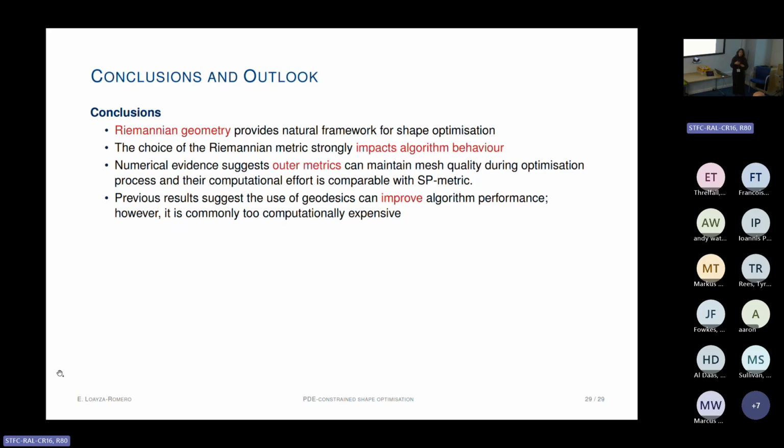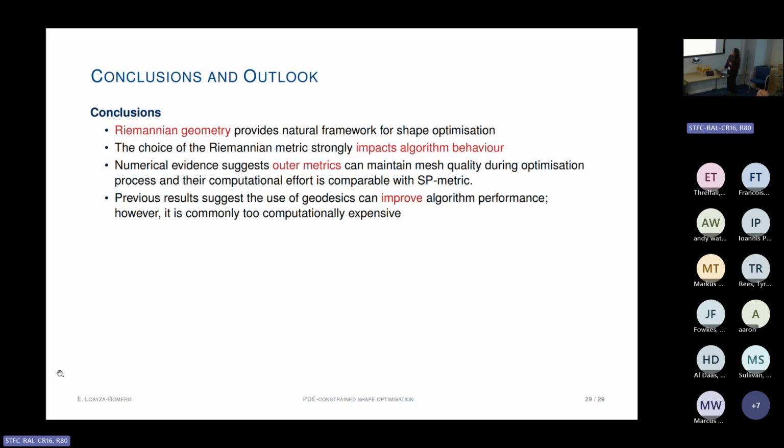The outer metrics do behave better than the linear elasticity, and the computational effort is comparable, at least until H2. Another thing that I haven't mentioned is that we're really answering the question of if we use the HS inner product in this Hilbertian regularization extension, we can also ensure that our vector fields are in W1 infinity, so we can keep the topology of my structure.